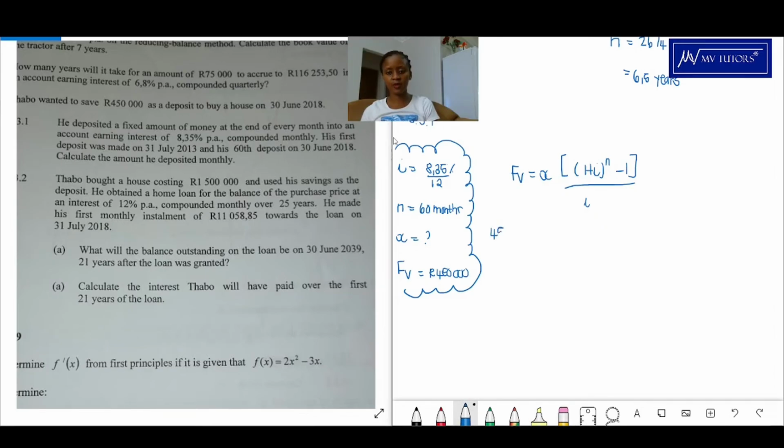So we have 450,000. We want to know what the X value is. So I have 1 plus 8.35% over 12, all to the power of 60, minus 1, and that is all divided by 8.35% divided by 12, which is the interest.